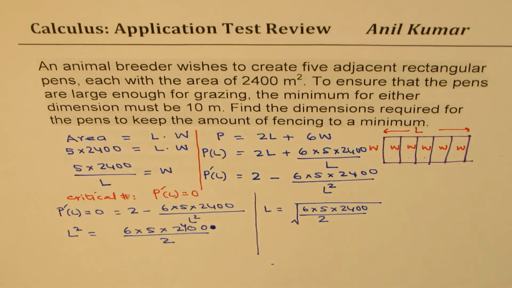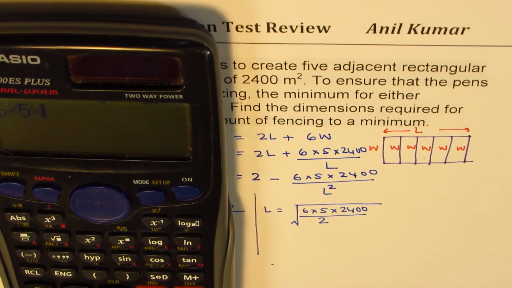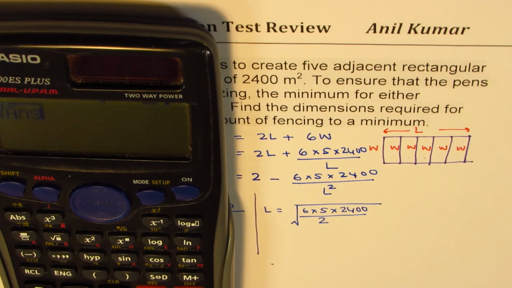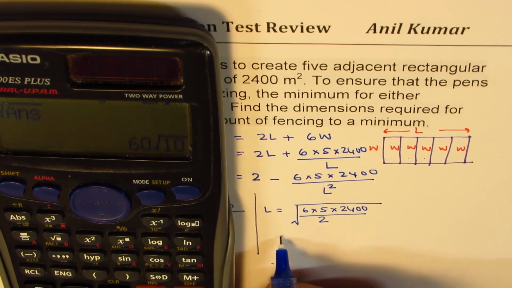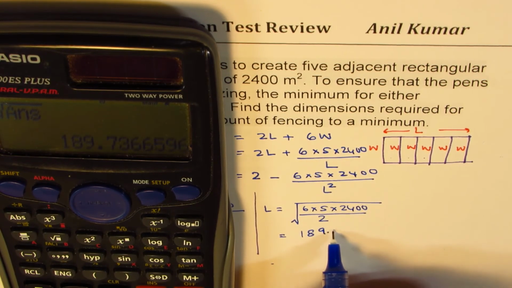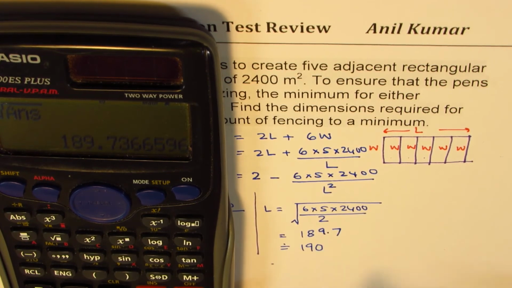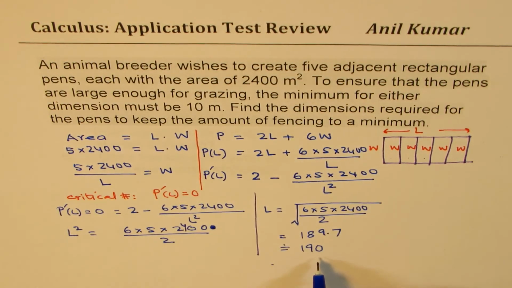So let's do it. That is equal to 60 square root 10, or in decimals it is 189.7. So I'll approximate this to 190. Is it okay? So that becomes the length, and the units are of course meters.